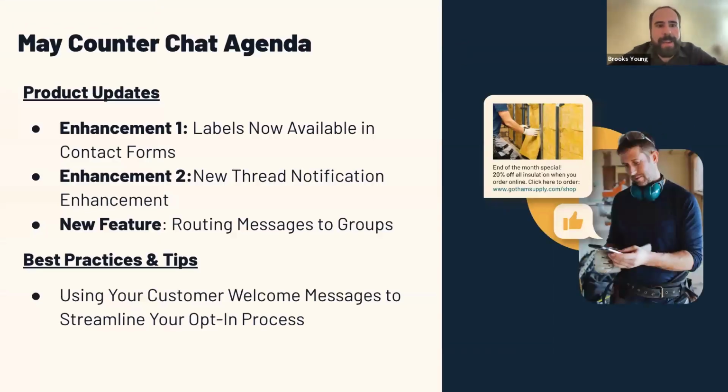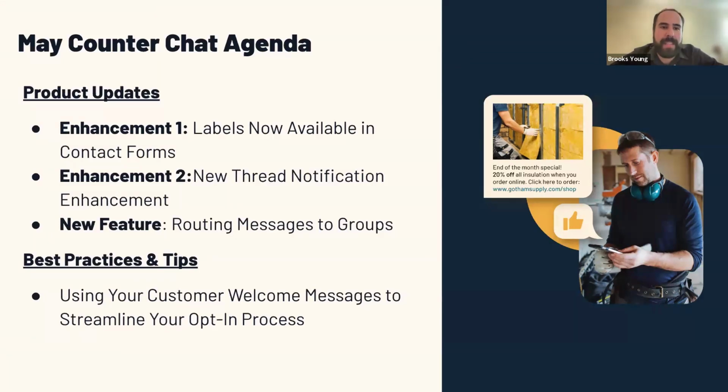A little bit about today's agenda. We're going to be going through some product updates, the latest and greatest. We have labels that are now available in contact forms, an enhancement to our new thread notification email, as well as the ability to route messages to groups.